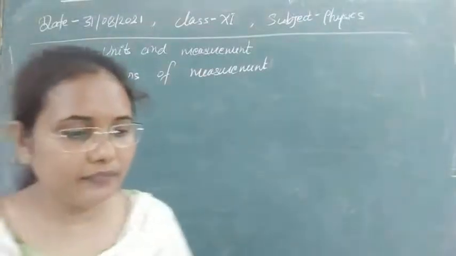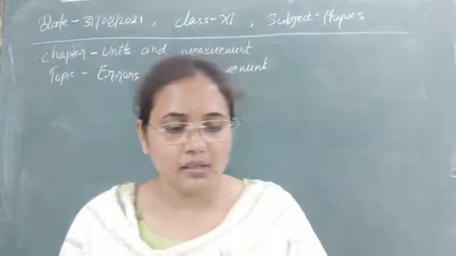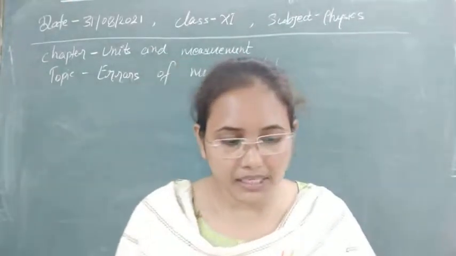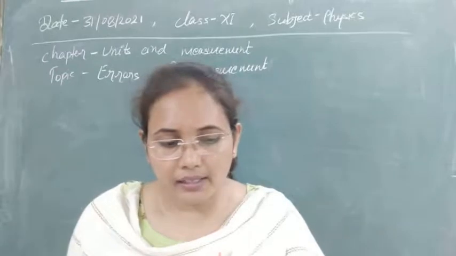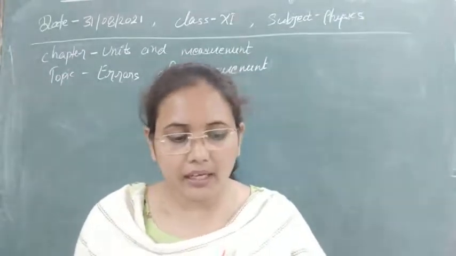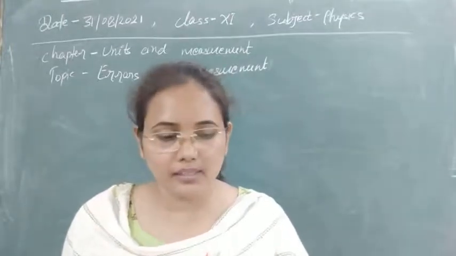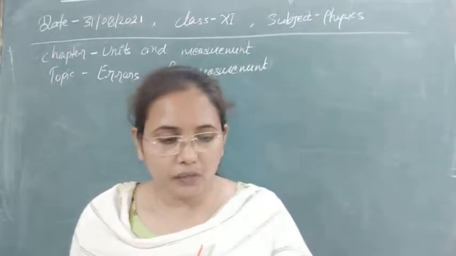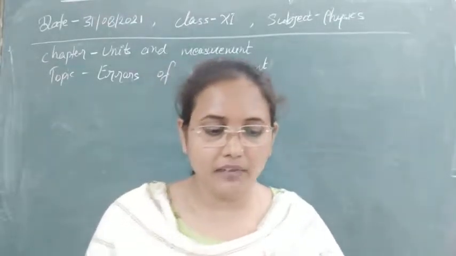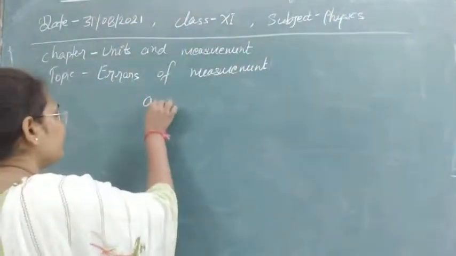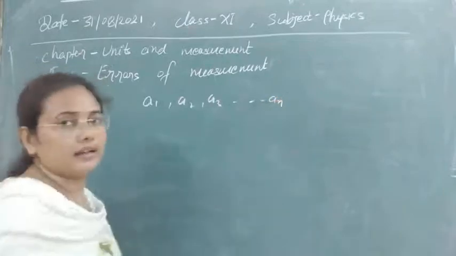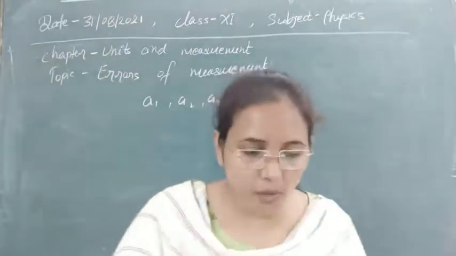The first type of error is absolute error. Let's see what absolute error is. Absolute error in the measurement of a physical quantity is the magnitude of the difference between the true value and the individual measured value of the quantity. Suppose a physical quantity is measured n times, and the measured values are A1, A2, A3 and so on up to An.